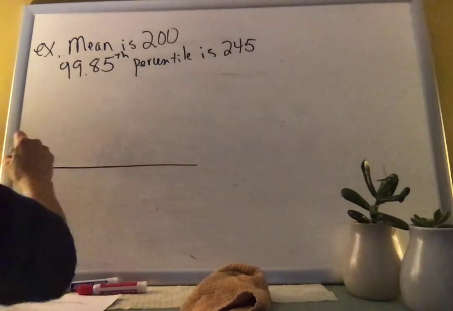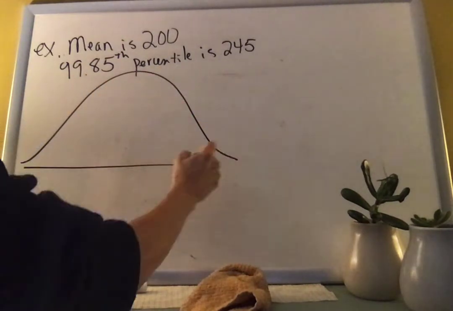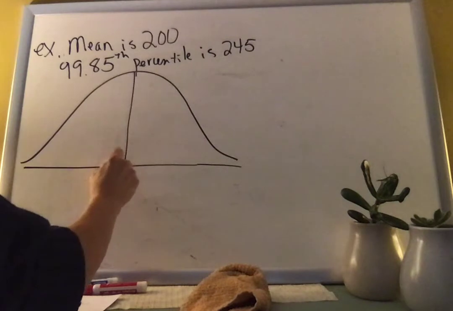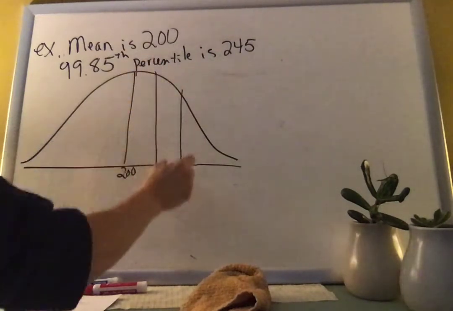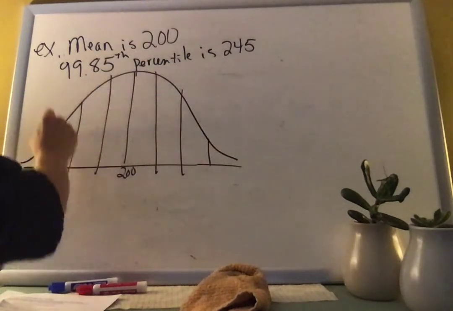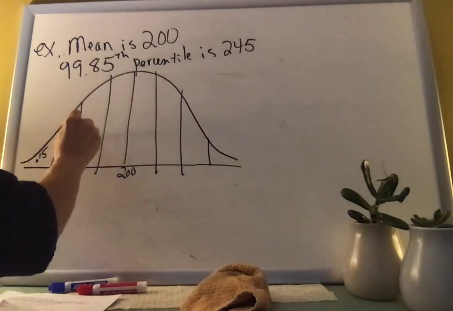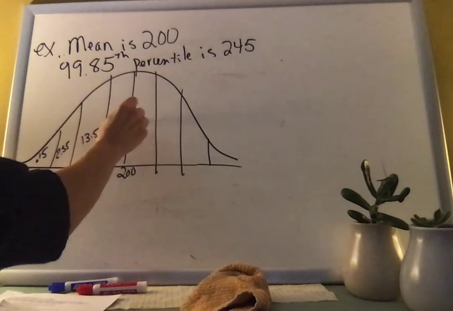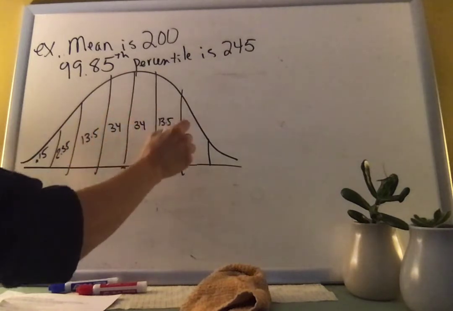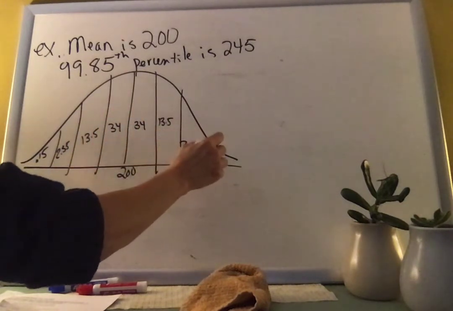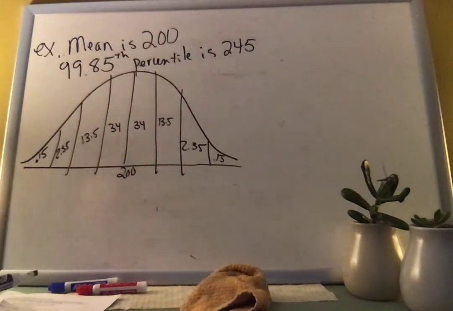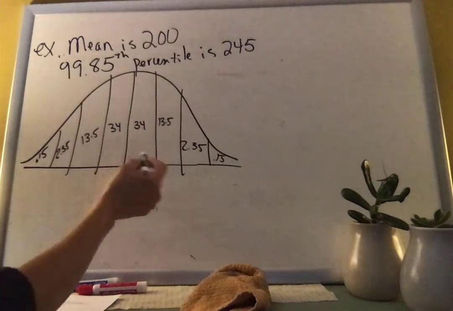All right, let's see if you got it right, this part. Then we'll ask some questions. Drop our line in the middle. 1, 2, 3. 1, 2, 3. I'm filling in my percents. Now, the 99.85th percentile is 245.